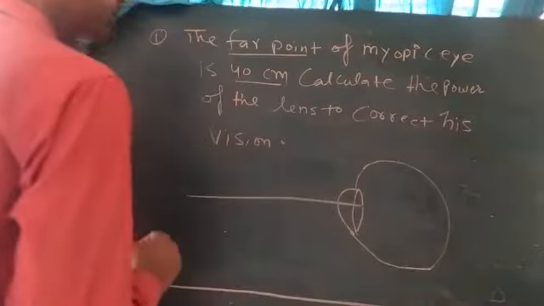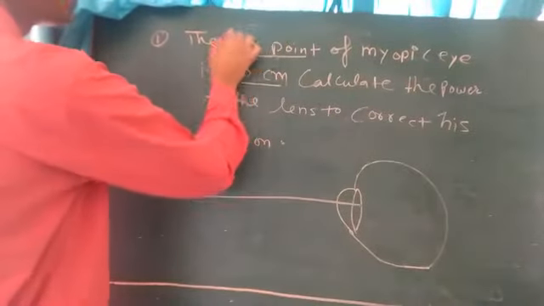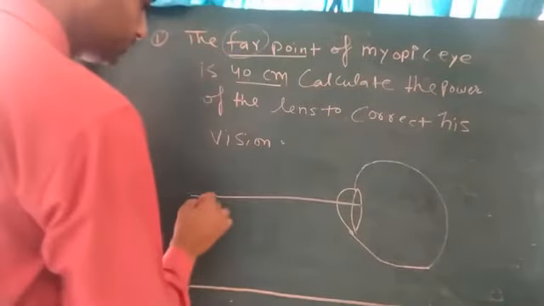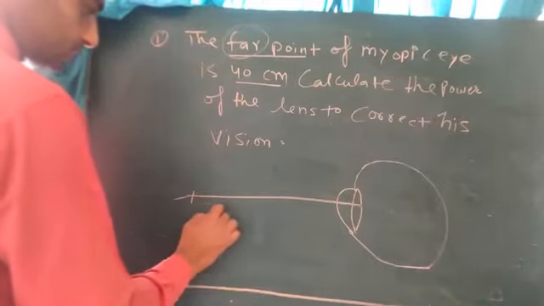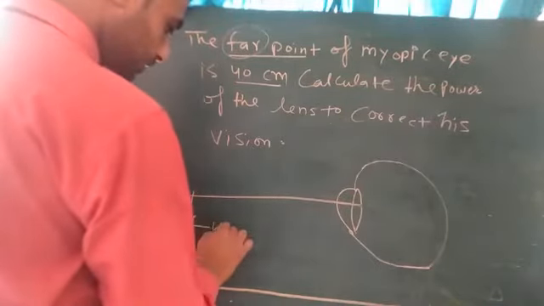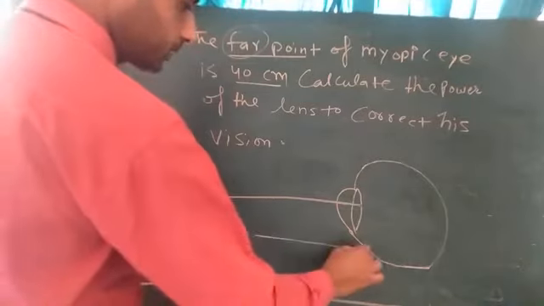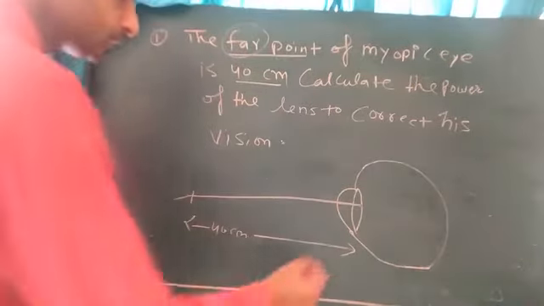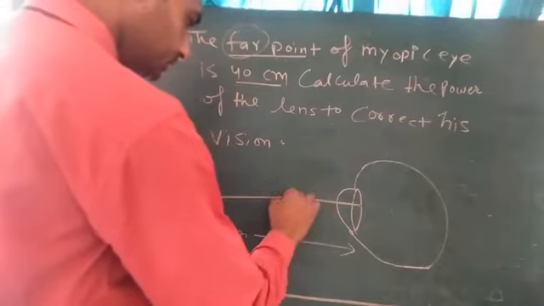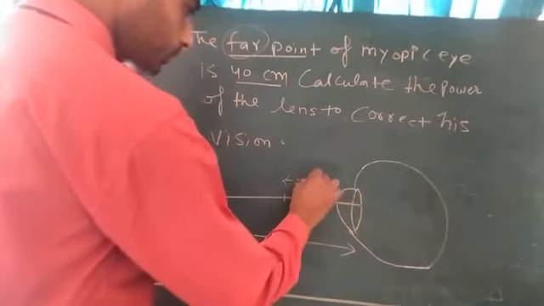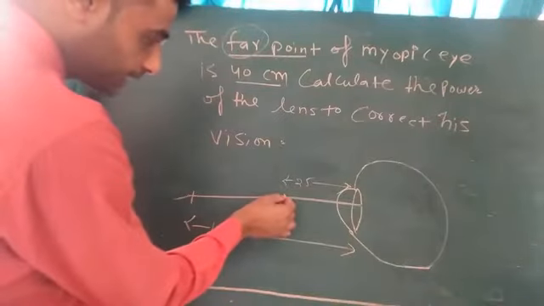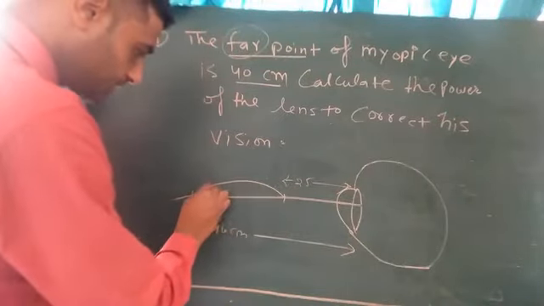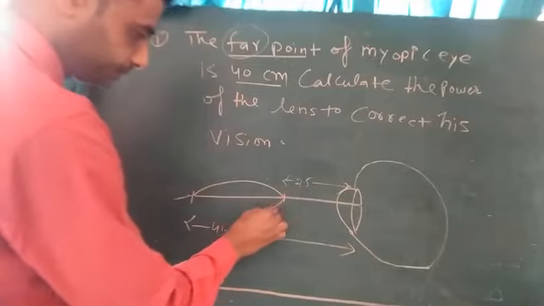For a myopic person, the far point is 40 centimeter, and this distance is 25. It means a man can see clearly in this region.